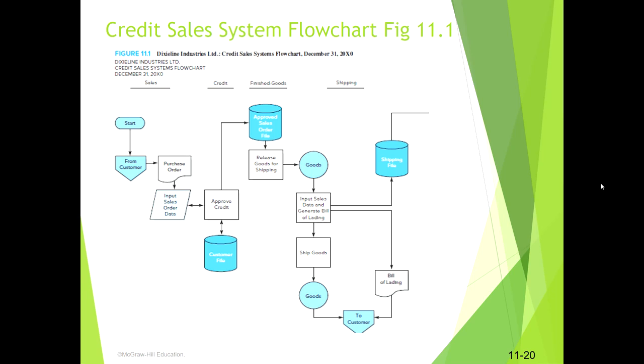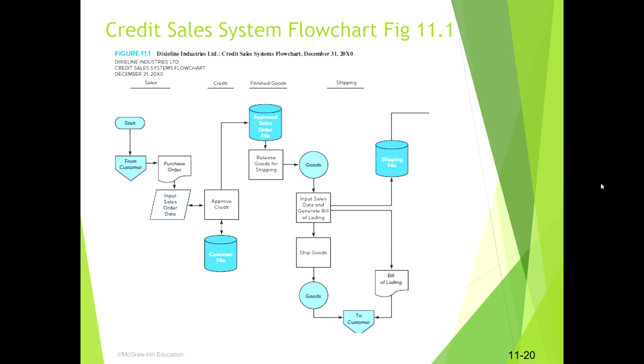Now, in this flow chart, they're showing goods with this circle. That's contrary to what good flow charting guidelines would suggest, but the book used it. And then once the goods have been released for shipping, you can generate a bill of lading to be shipped with the goods and sent to the customer, right?